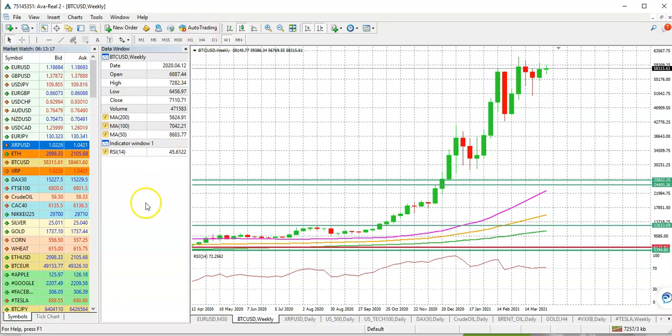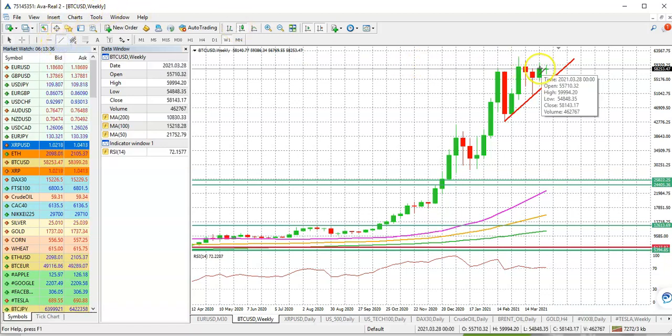So as long as the price continues to trade above this particular moving average, we are still okay. Or in other words, if the price doesn't break below the 55,000 price level, we are still okay. Why? Because we have formed a symmetrical triangle, where the price is consolidating towards the end of the symmetrical triangle.